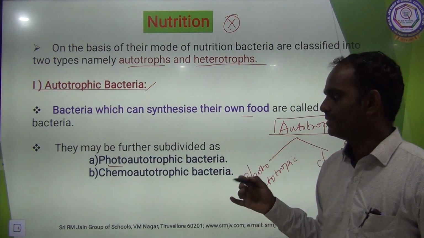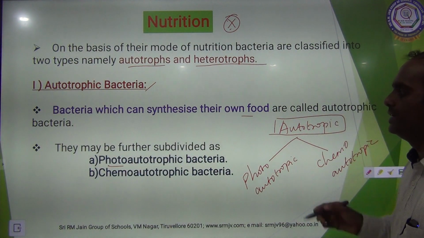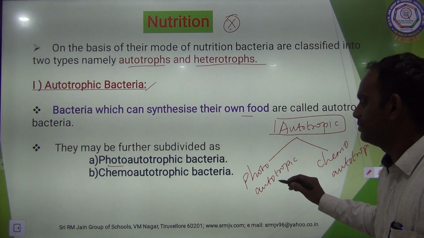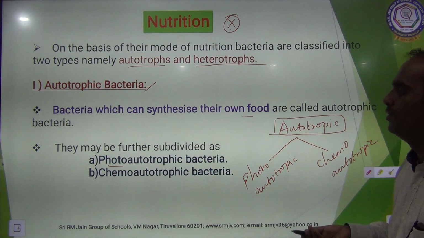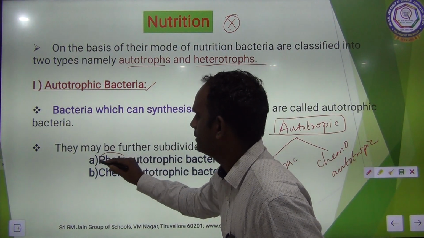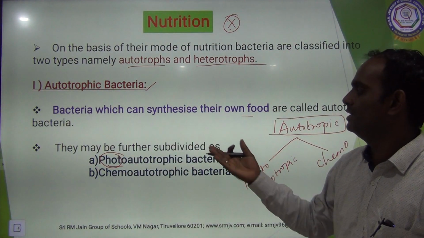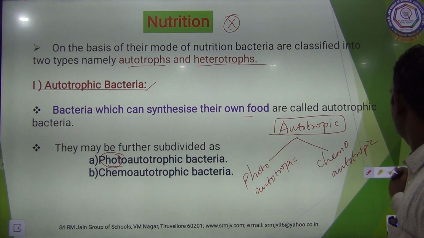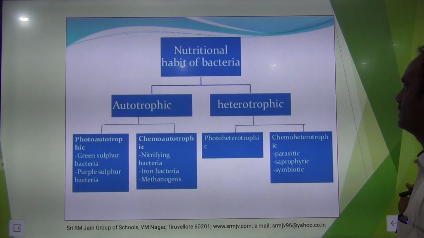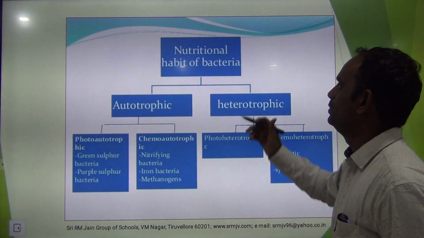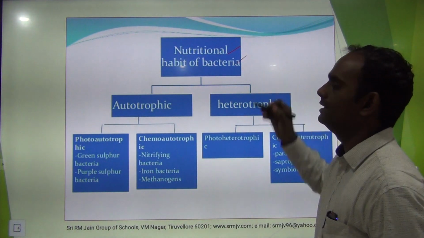Photo means this type of bacteria use sunlight as the energy source. They are said to be photoautotrophic. So this is the flow chart of the nutritional habit of bacteria.